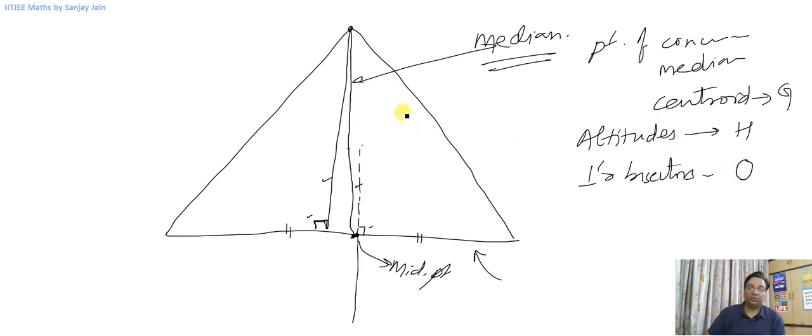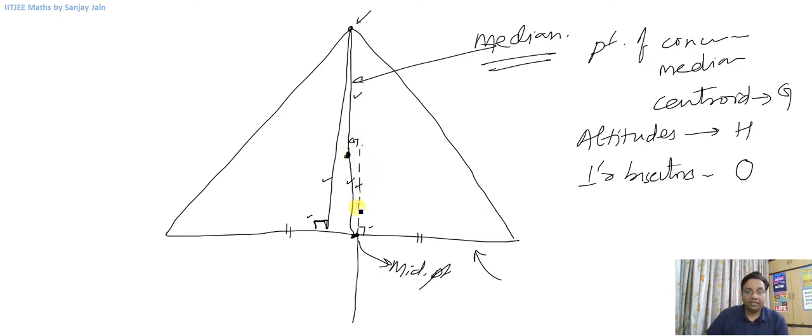Okay, so if I ask you on which line the centroid will lie, you will say it will lie somewhere on this median. Okay, and we know exactly where it will lie, right? It divides the median in the ratio 2:1, where this segment towards the vertex is twice this segment here, which is towards the base. So let this be the centroid.